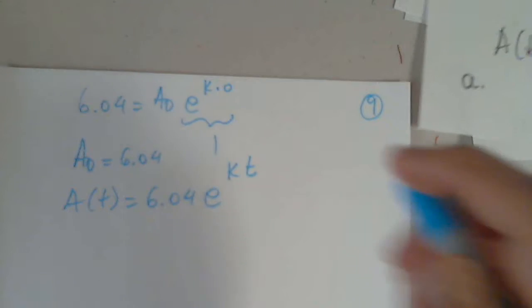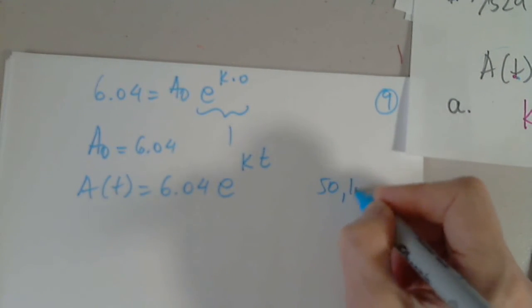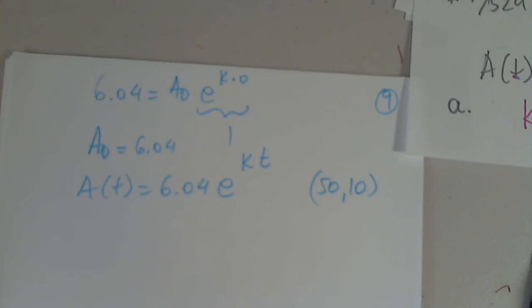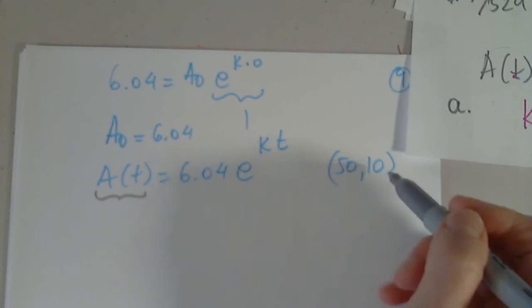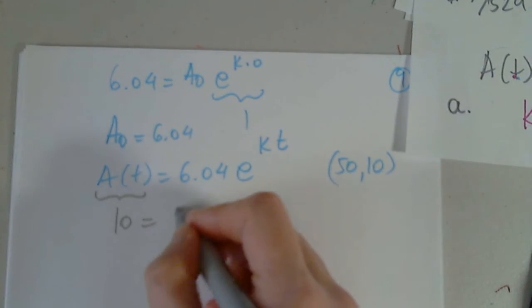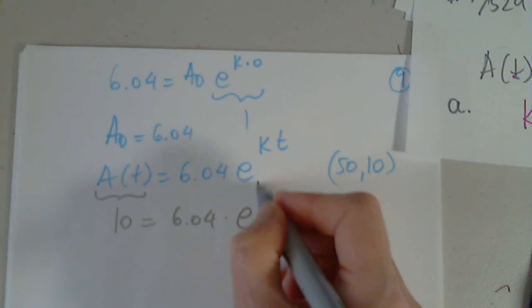Can anyone tell us how to plug in the second point, 50, 10, in what I have at this point? What do I replace this by? 10. Excellent. Thank you. And this is 6.04 times e to k.